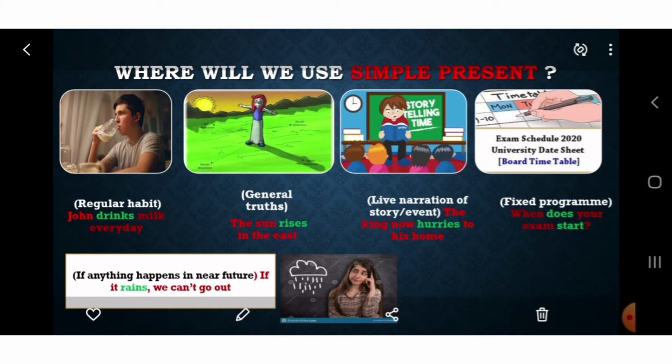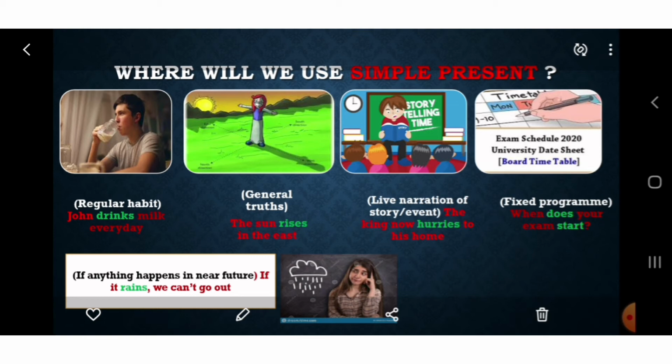So he is actually narrating. The story has already taken place in the past, but the person is narrating this to the children. So that's why, in the narrative part where the person is speaking, he will be using present tense, that is hurries instead of hurried.